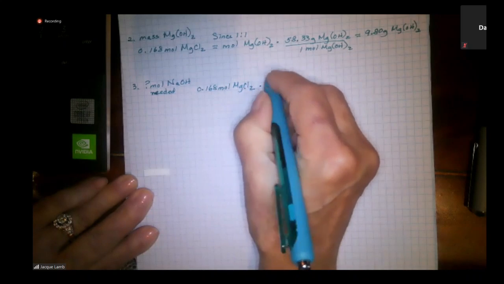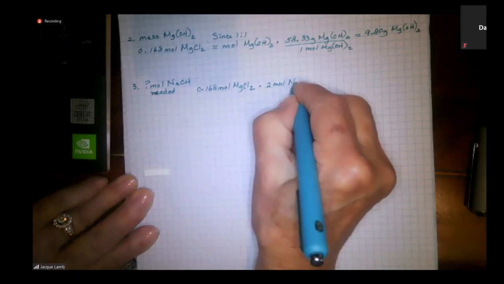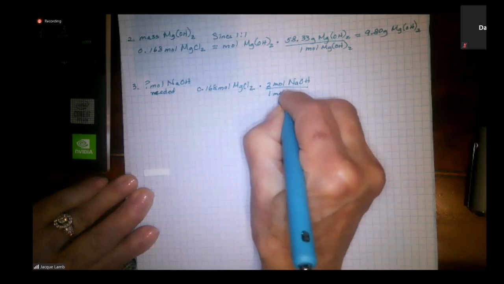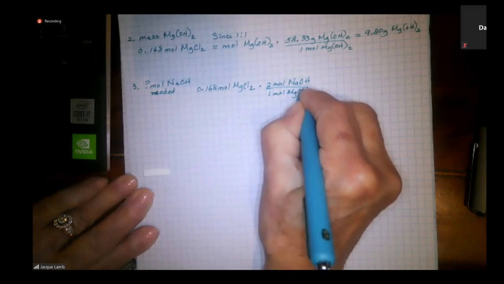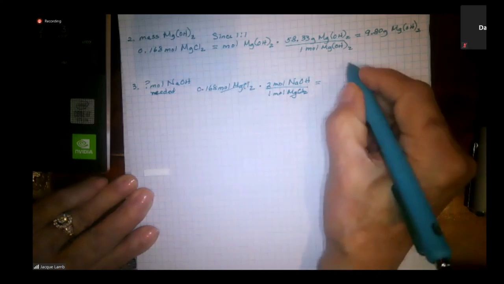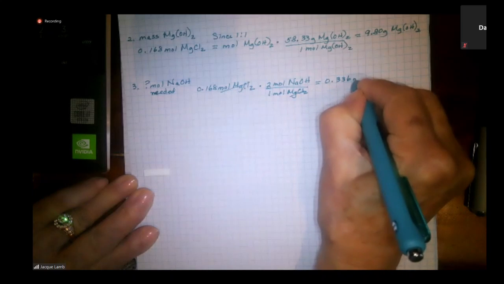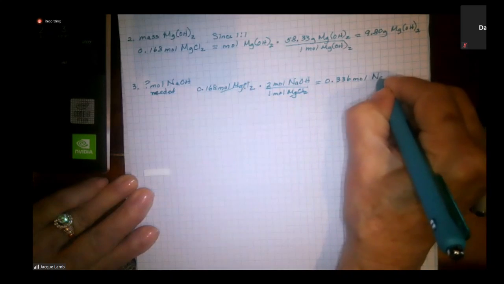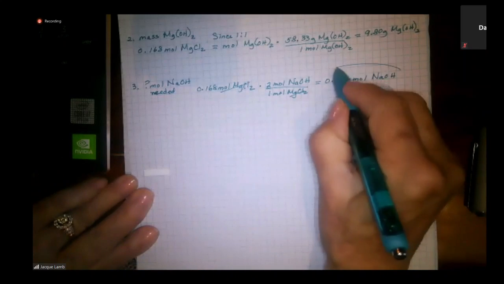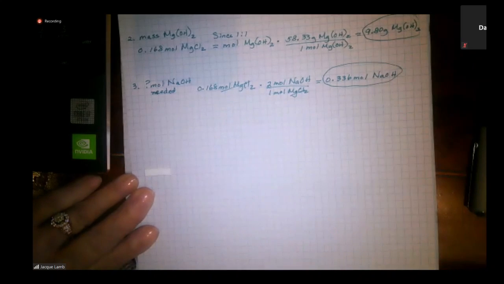And I need 2 moles of sodium hydroxide for 1 mole of MgCl2. So I've now converted to that, and that is 0.336 moles of NaOH. Again, it's 3 sig figs. So that was my first answer, my second answer, and my third answer.